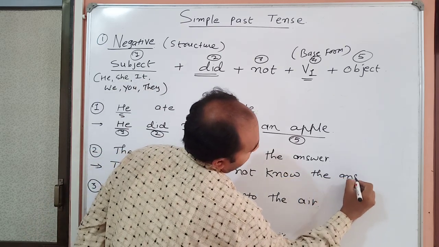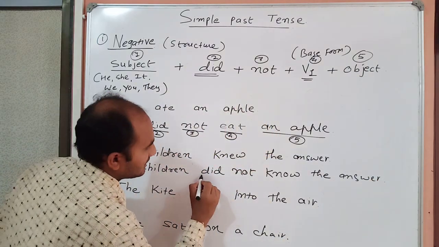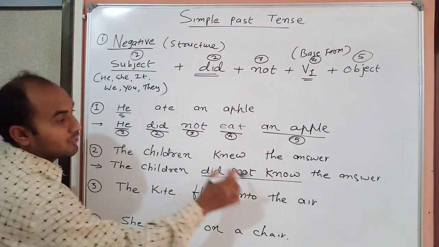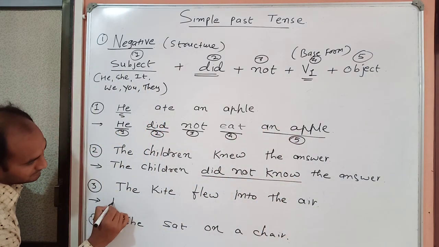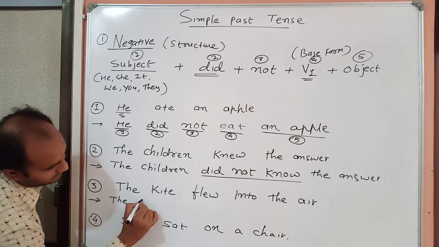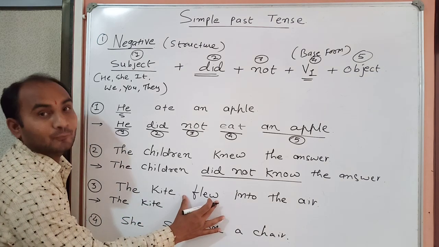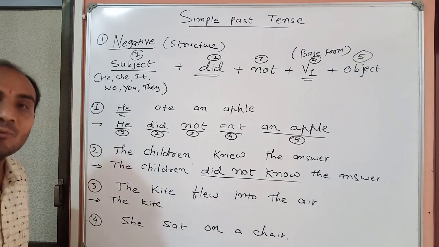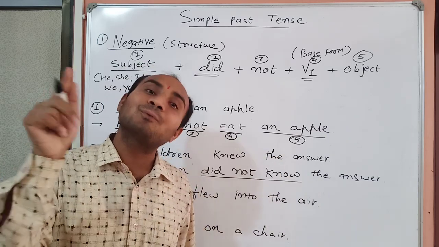The answer. So in this statement we have changed this part: did not know. Next, the kite flew. What is the base form of flew? The base form of flew is fly.